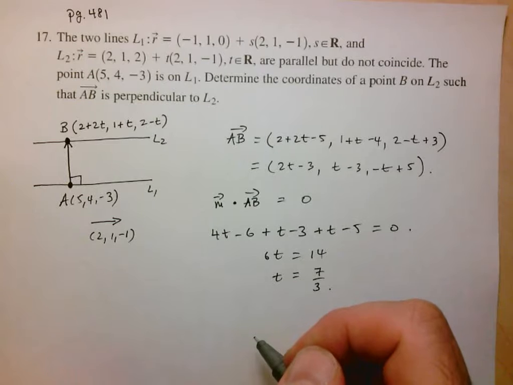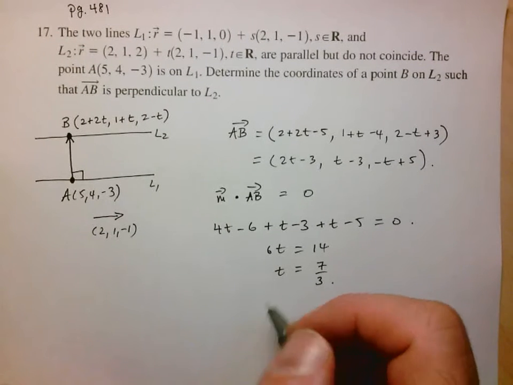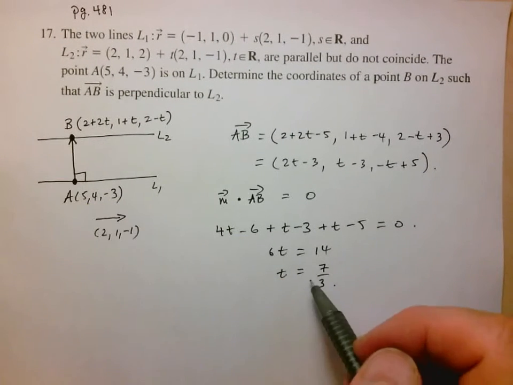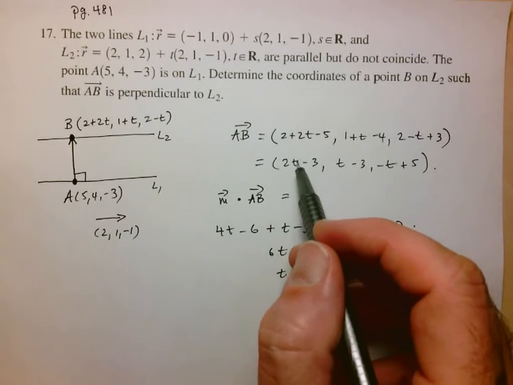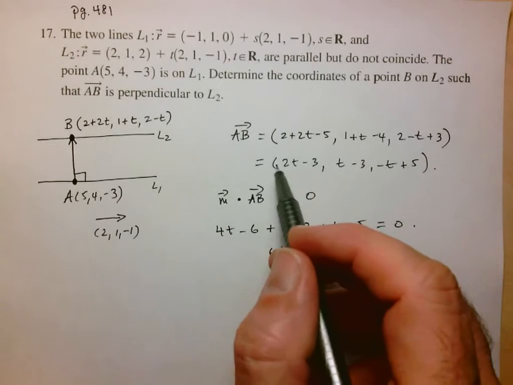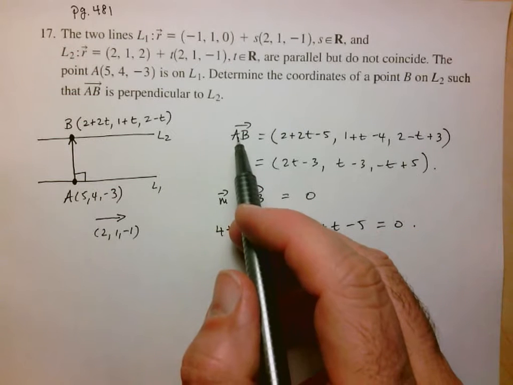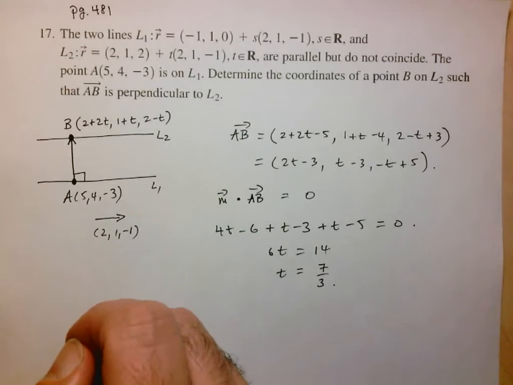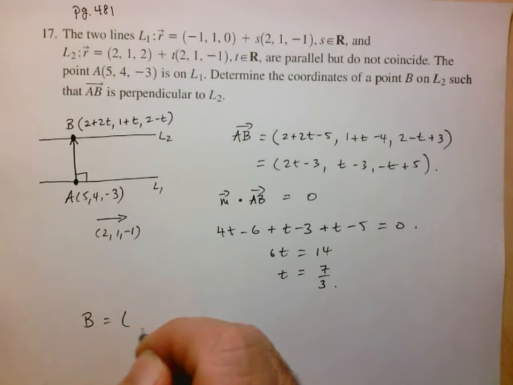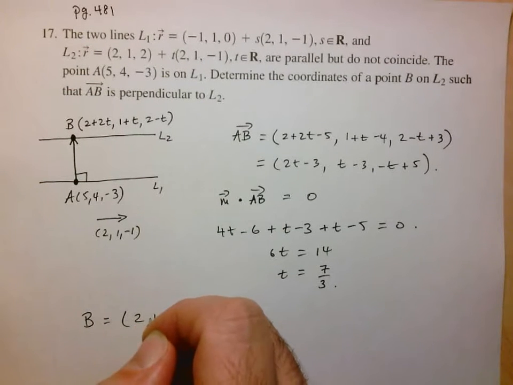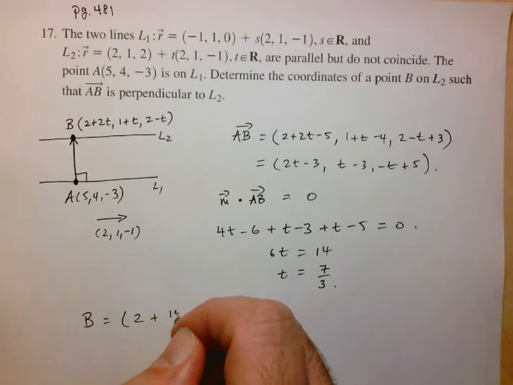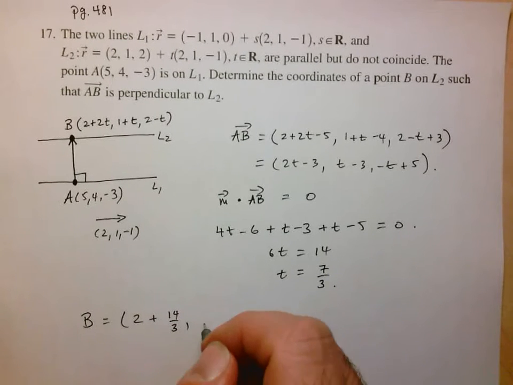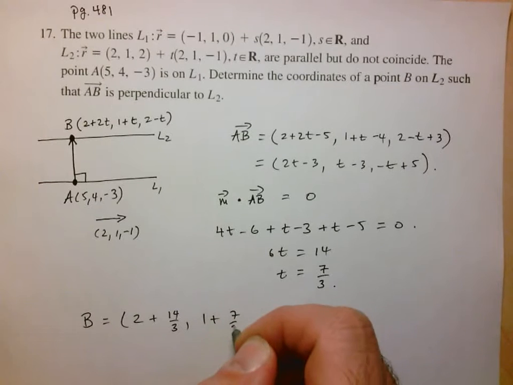Now remember what we're looking for here is the point B, so be careful that you're not inputting this value into that set of coordinates which gives the vector AB. What I'm looking for is the point B. So B is just going to be equal to 2 plus 2t, so 2 plus 2 times 7 over 3, which is 14 over 3. Then 1 plus t, 1 plus 7 over 3.